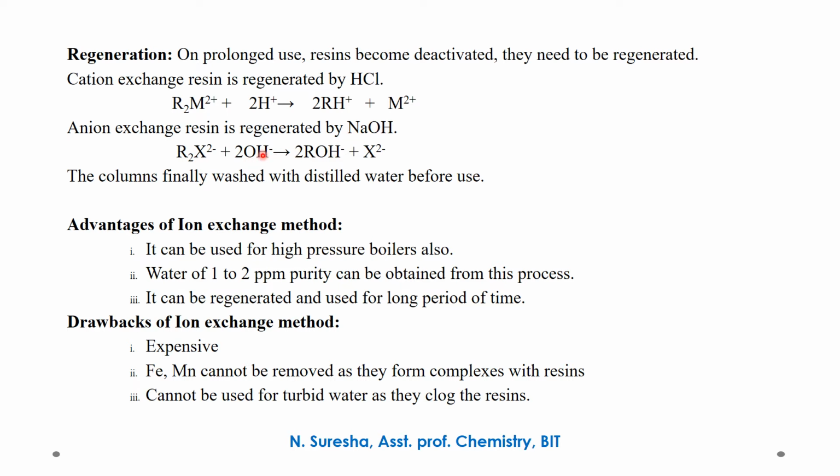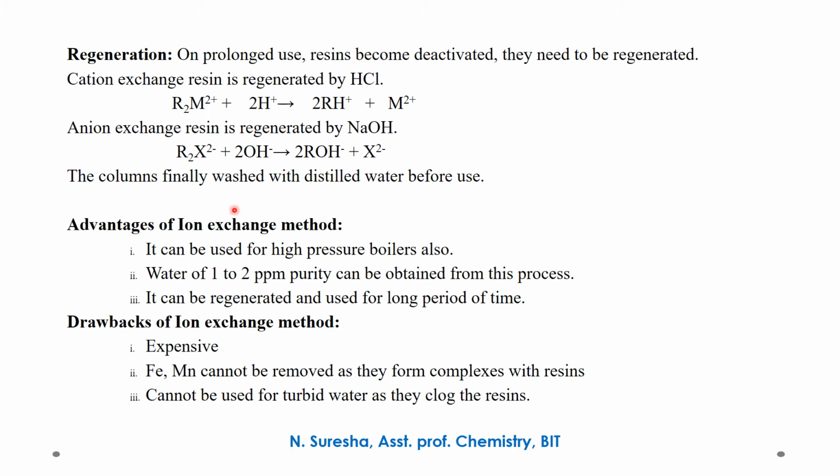So there will be exchange of OH minus ions and anions. Again the resin will be regenerated, ROH and RH, and this process is called the regeneration process. The columns are finally washed with distilled water before usage.